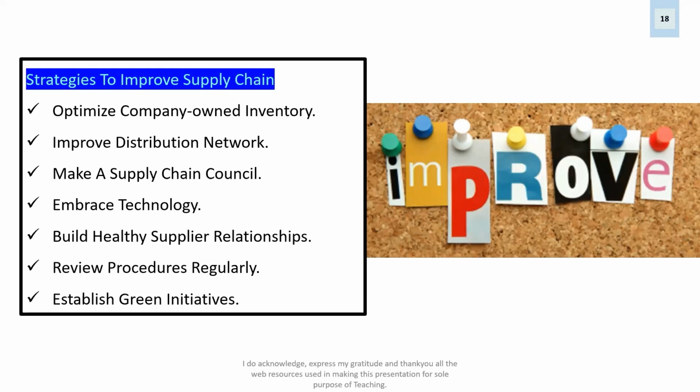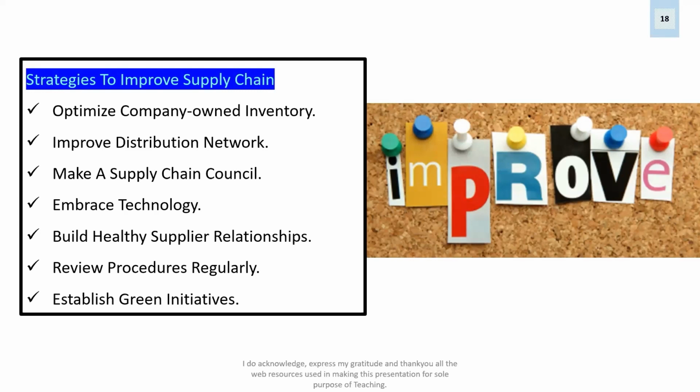What are the strategies to improve supply chain? The strategy, correct? Optimize company-owned inventory. Yes. Don't keep anything unnecessary. Make a relationship with your vendors, your suppliers in such a way that inventory on the wheels is more.